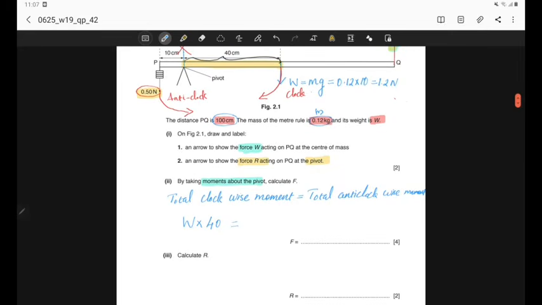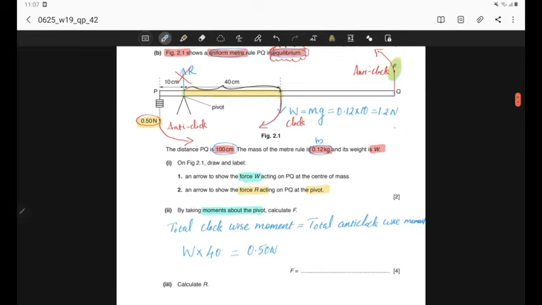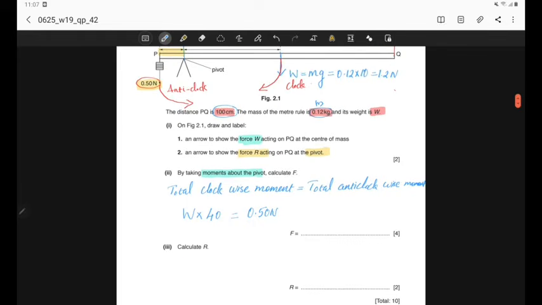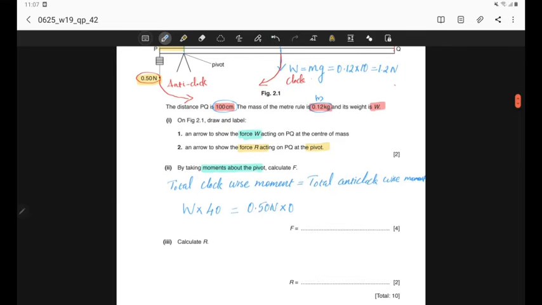Here, for anti-clockwise, the first one is due to 0.50 Newton, and by looking at the figure we can identify that it is 10 centimeter away from the pivot. So we can write 0.50 Newton times the distance, 10 centimeter.